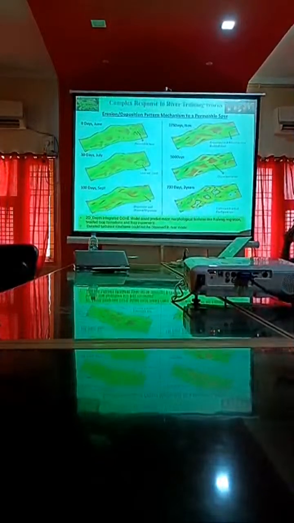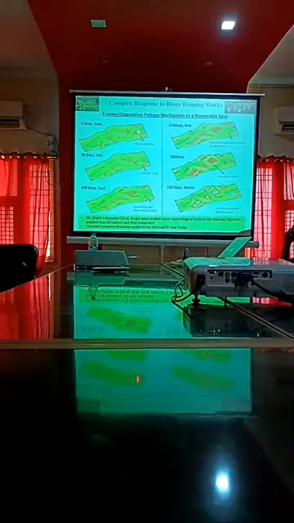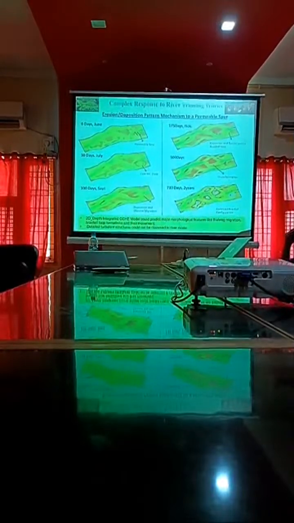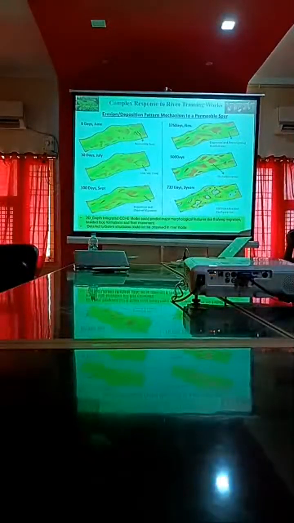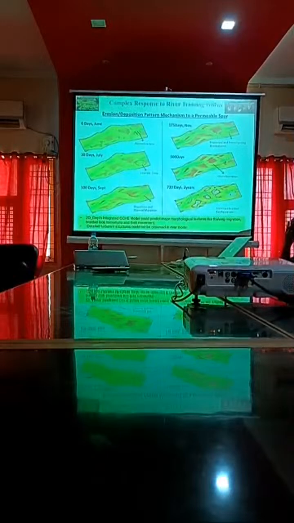If I put such structures inside the river, it is going to be a sudden shock to the river. Yesterday that structure was not there, today you are building it inside the river. So the river has to absorb that new thing that has come into its body, right?